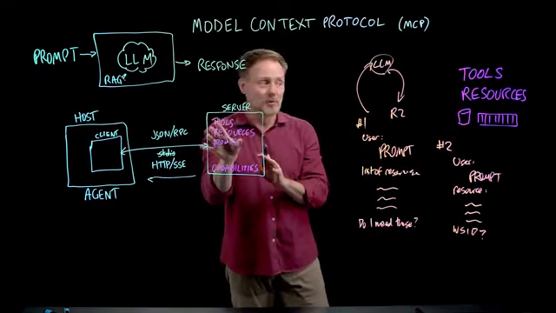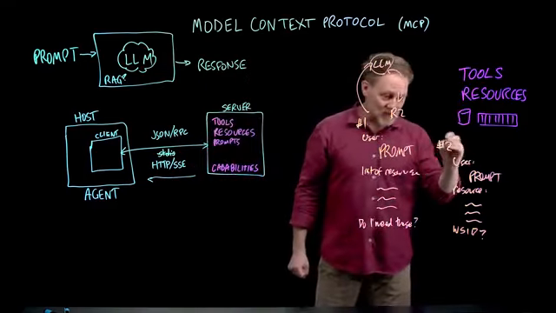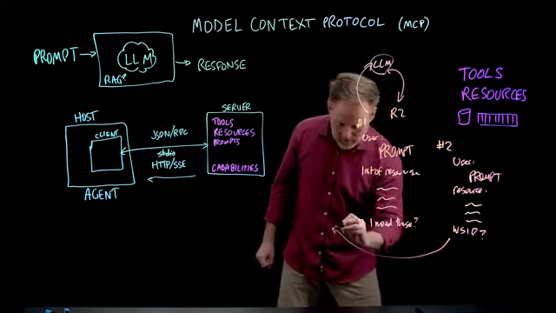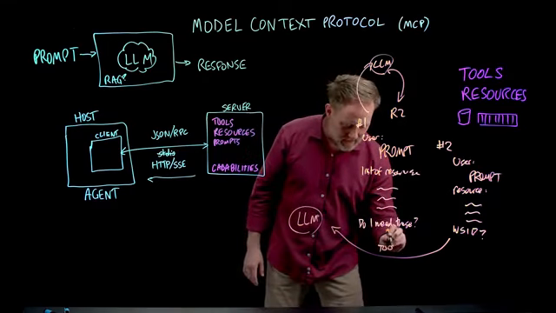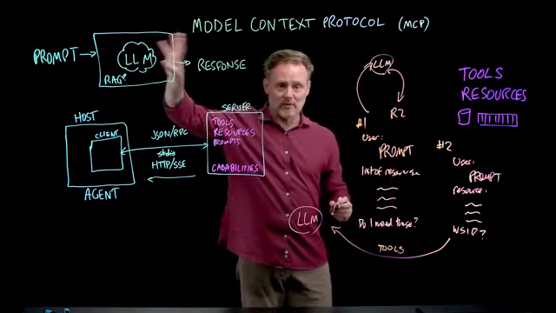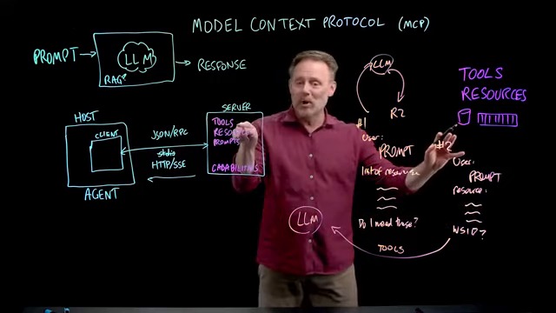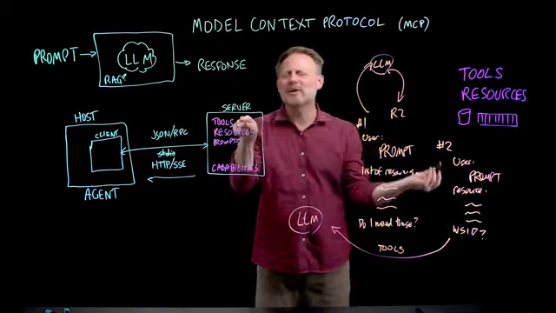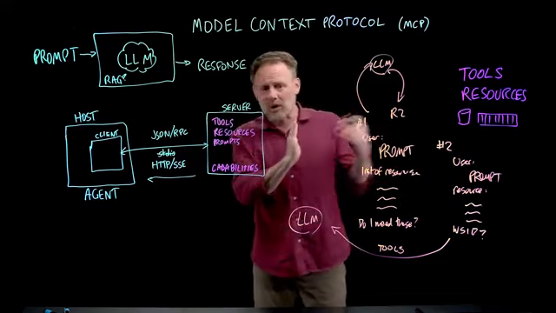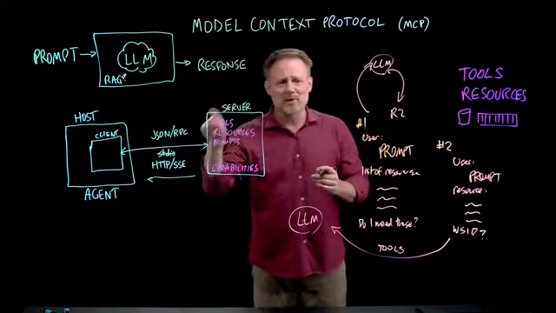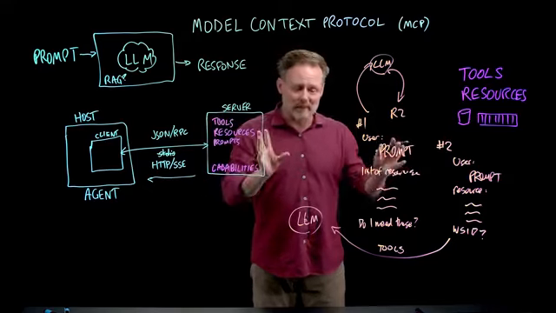How do I interpret the tools? Well, the good news is, this call is going to go back to that same LLM. And the APIs now for the foundation models, the biggies, I can actually put the description of the tools in the API call. I don't even have to mess with the prompt or anything. It's structured data that goes in there, the name of the tool, the URL, the schema of the parameters, all that.